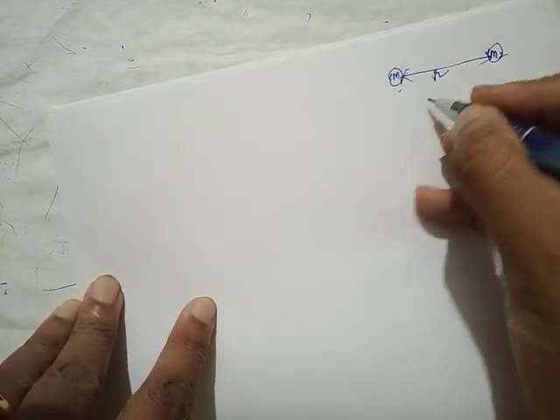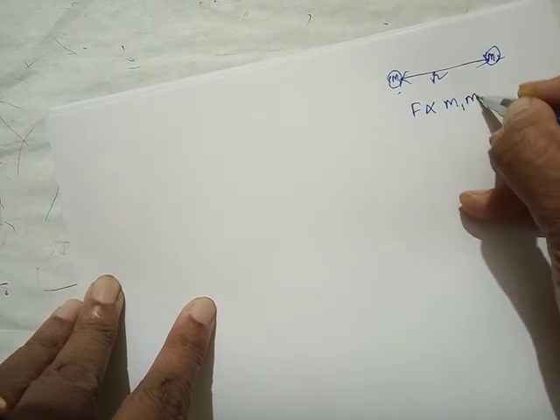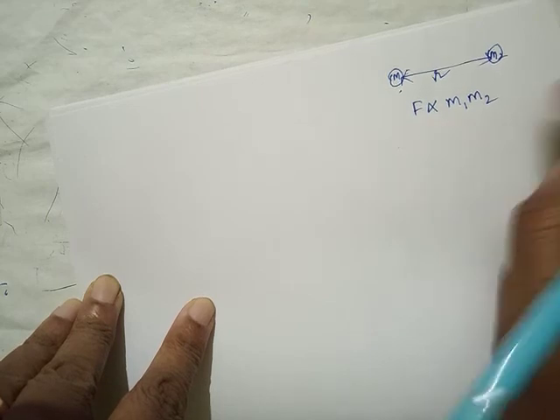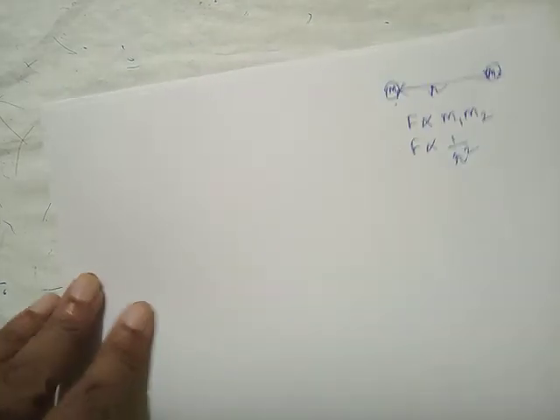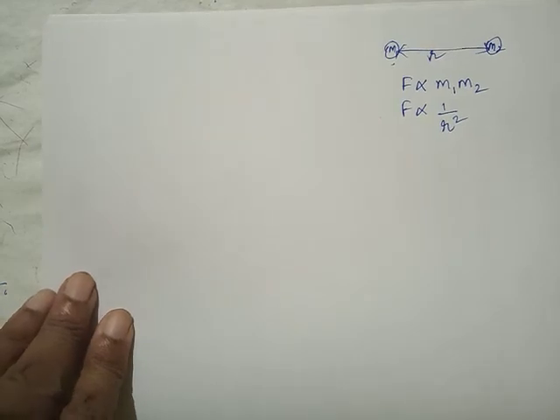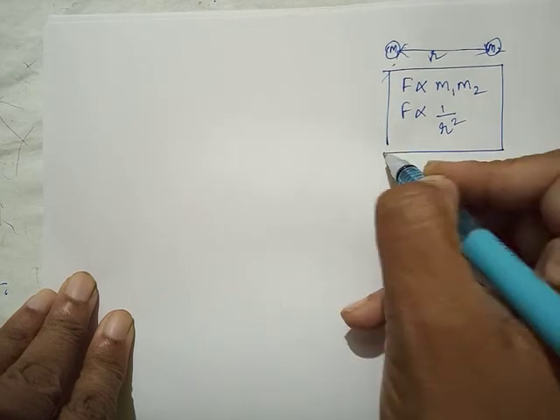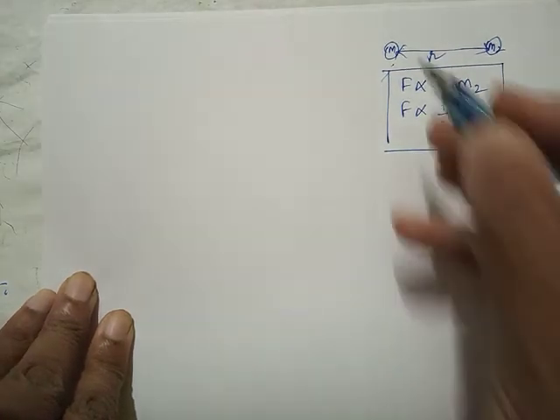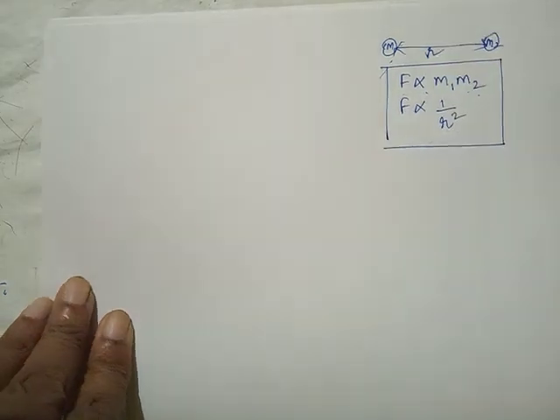The force of attraction between them is directly proportional to m1 into m2, the product of their masses, and inversely proportional to the square of distance between them. So this is what Newton's law of gravitation says.